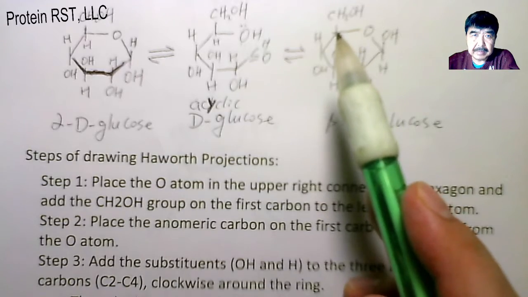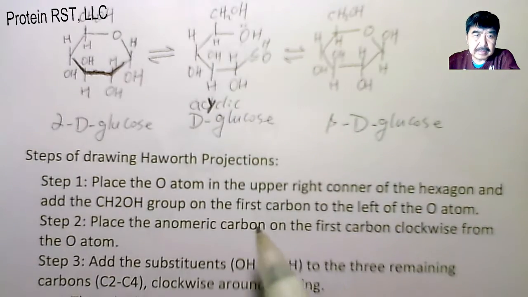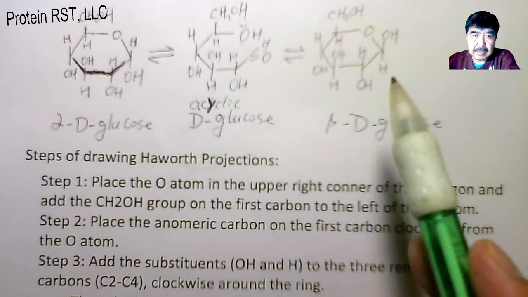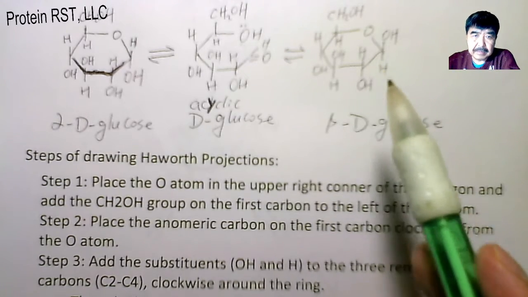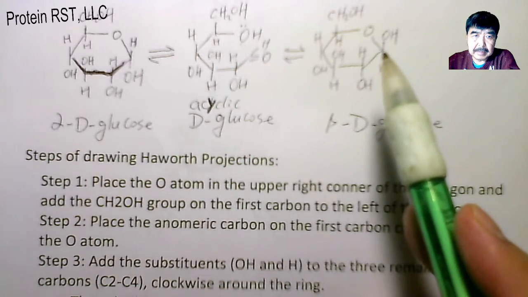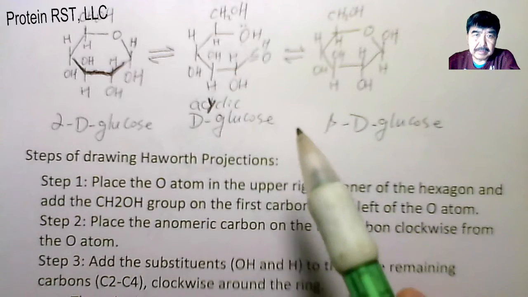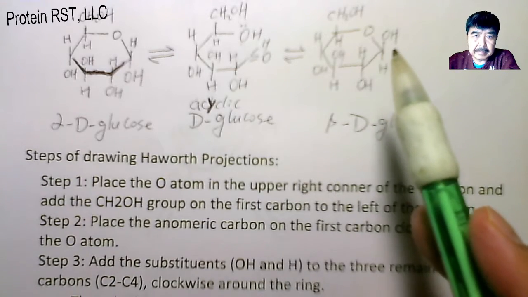Okay, the first carbon here. And step 2: place the anomeric carbon, this carbon, as the first carbon clockwise from the O atom.